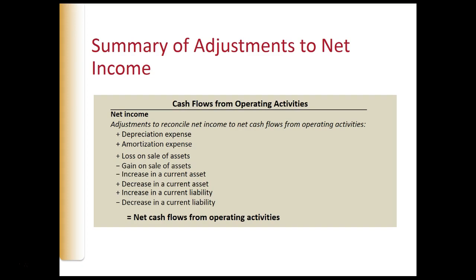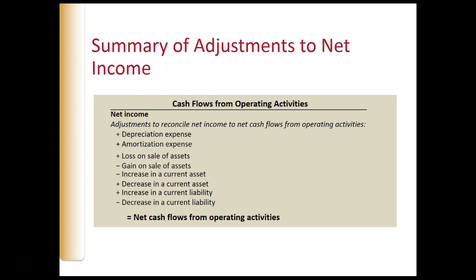This helps you understand from one period to the next how you adjust your net income, and if you increase or decrease, to come to cash flows from operating based on various increases or decreases in the account balances.